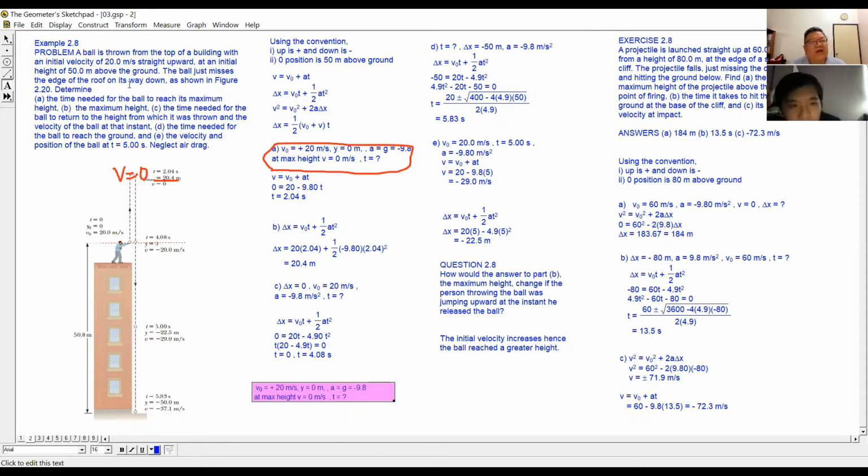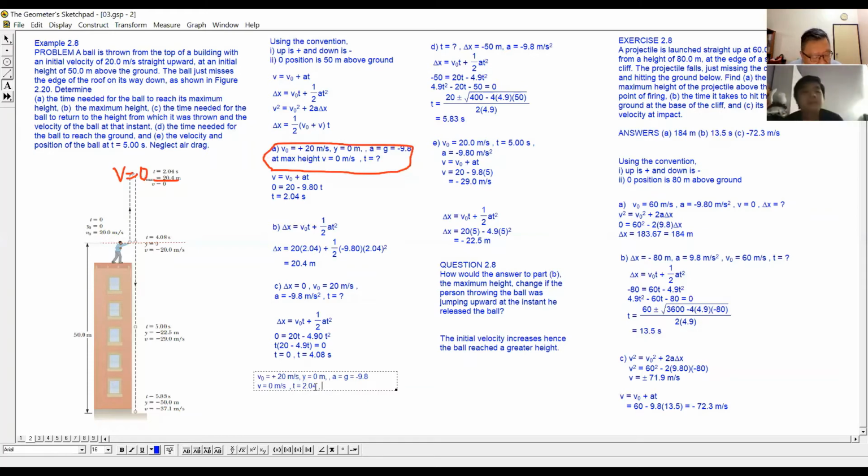Okay, so the condition is still the same, except that now we want to find the maximum height. This we know is 2.04. We now want to find delta x, because we want to know the distance, the displacement.